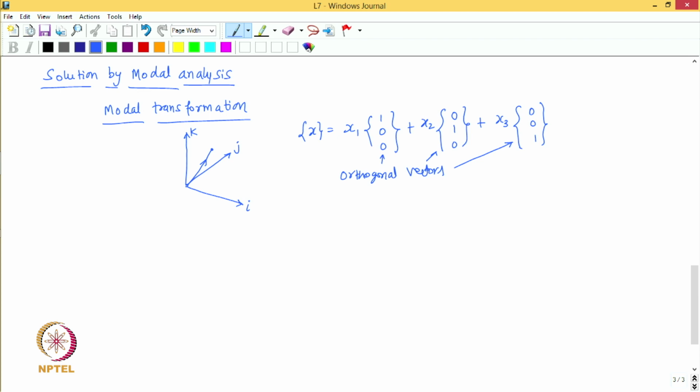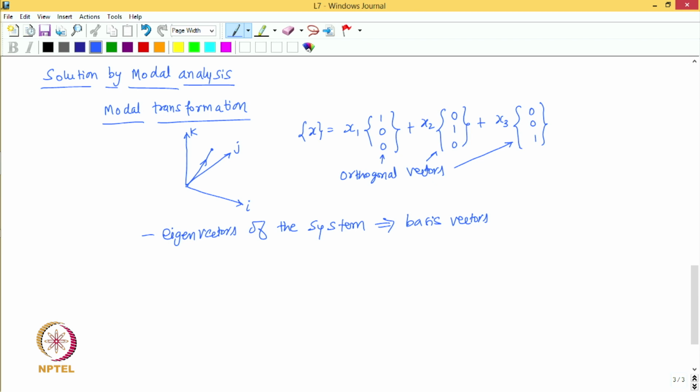In the same way, there is something called modal transformation, in which the eigenvectors of the system are taken as the basis vectors, which means they are chosen as the vectors to expand the displacement vector x.